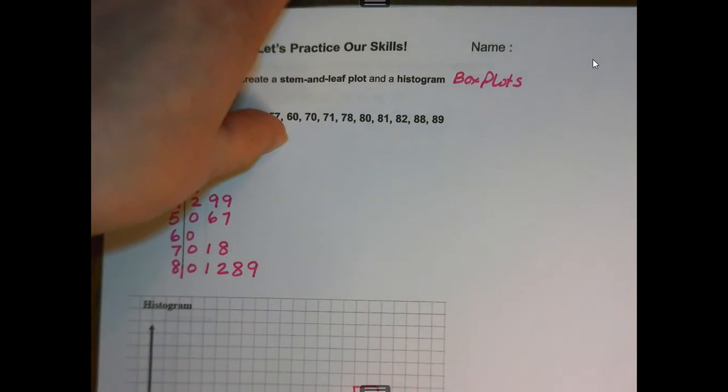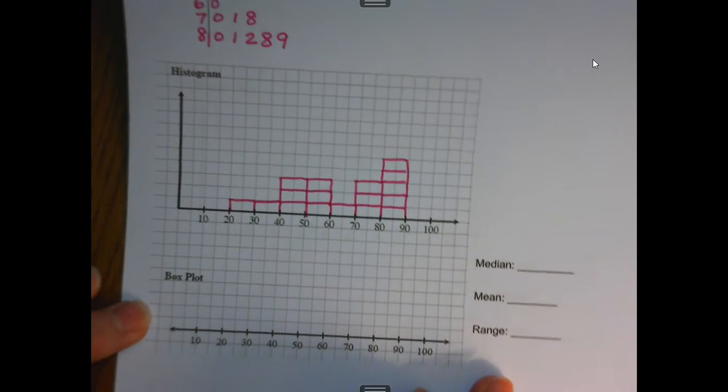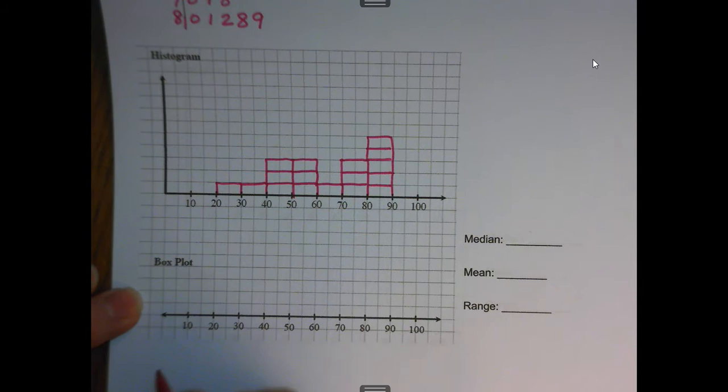Now, to make it easier for us to do our box plot, I'm going to record the data down below here in order. So I've got 27, 38, and so on.